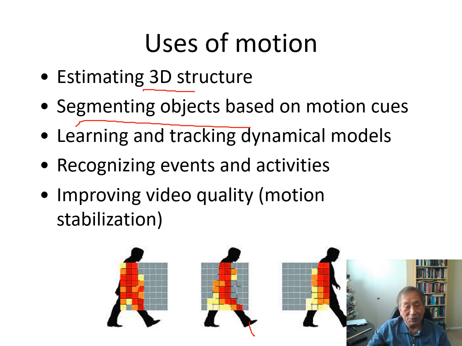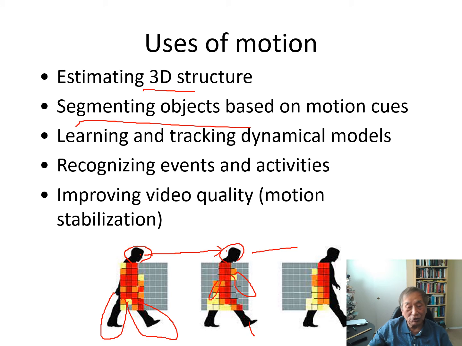Like people walking: the head may be staying, but the legs are moving pretty actively. The hands and arms are also moving with the motion of walking. But the head is changing position, maybe, while the shape, or the relative shape, stays the same.